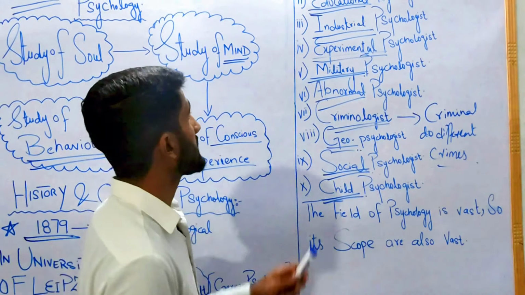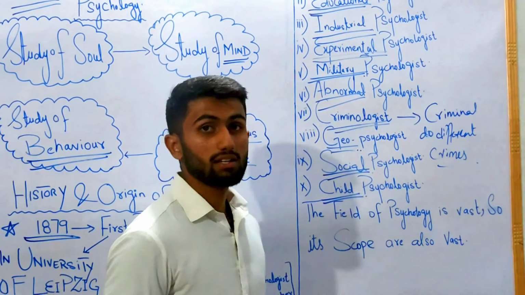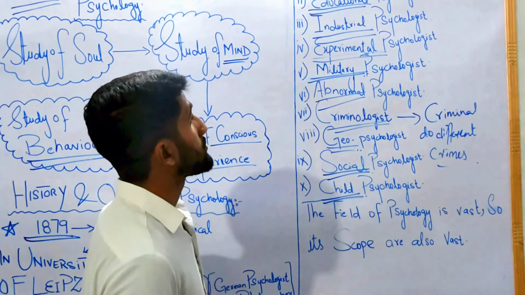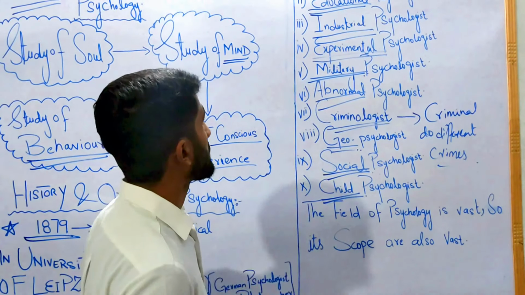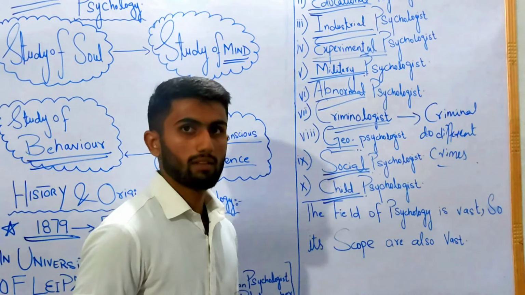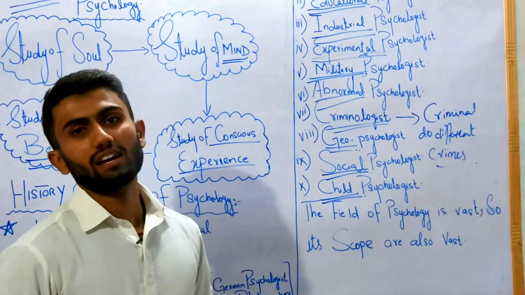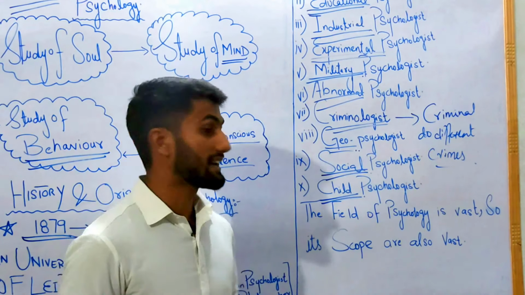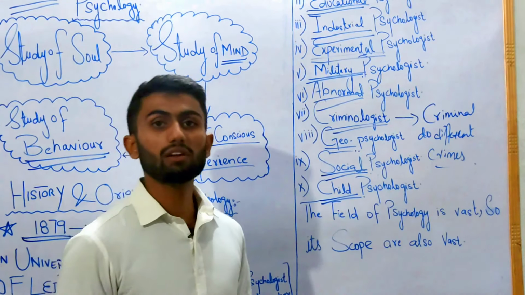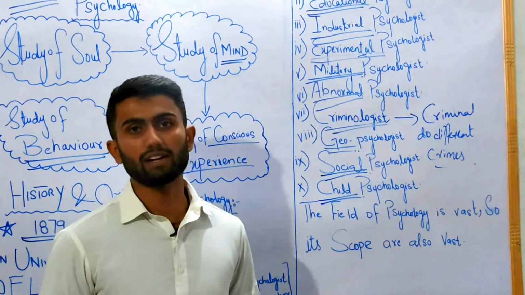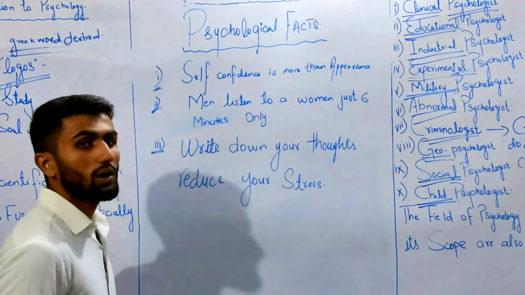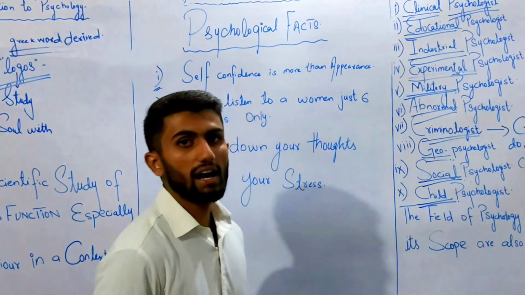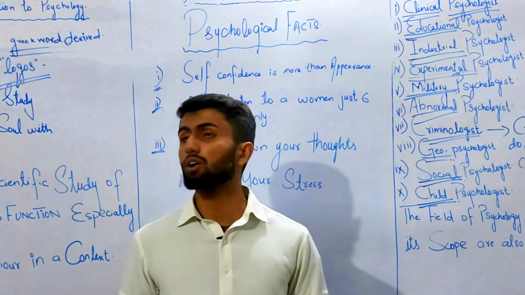So I will make another video in which we will discuss more scopes of psychology, and also discuss these facts in further detail. As I said at the start of my lecture, at the end I will discuss three interesting psychological fun facts with you. Let's move towards the psychological facts I mentioned at the start of the video.